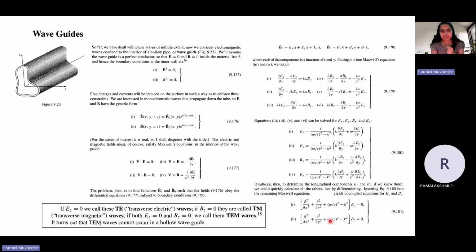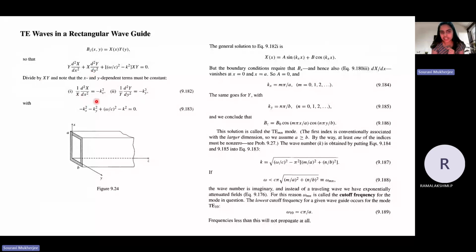use our well-known set of variables to get these individual partial differential equations, right? So this is only dependent on x, this is only dependent on y. So from here you can find this capital X, and from here you can find capital Y, right? And here, from our definition of wave vector, we know that if the different components of the wave vector are kx, ky, kz, so in our case, because the wave is propagating along z, your kz can be just written as omega by c, okay?